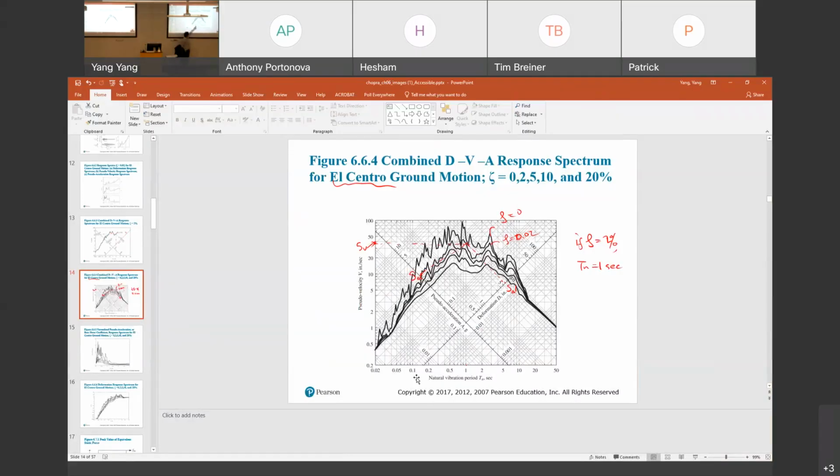This number is calculated based on the Sd value as well as the zero period value over here, based on that equation. If you calculate this number, you should be able to get all the numbers on that axis. Similarly for the Sa axis. Make sense?